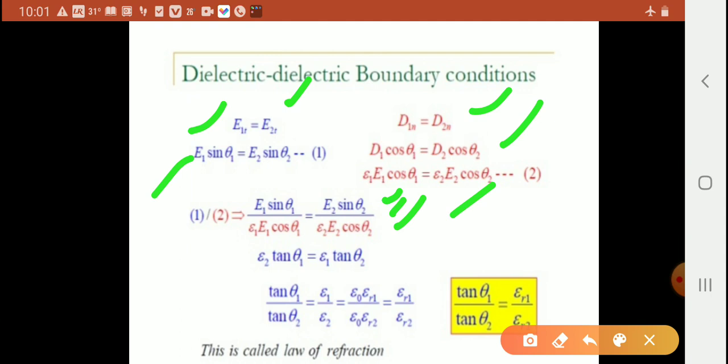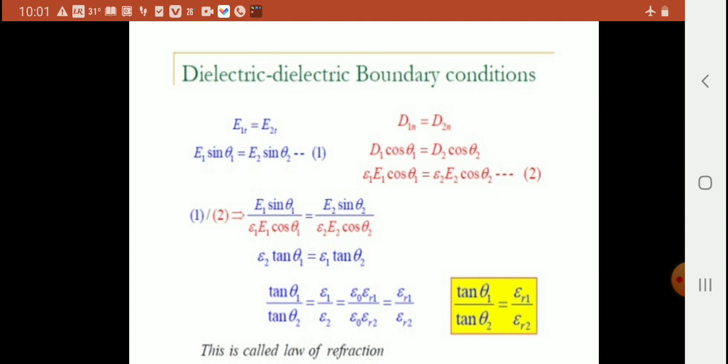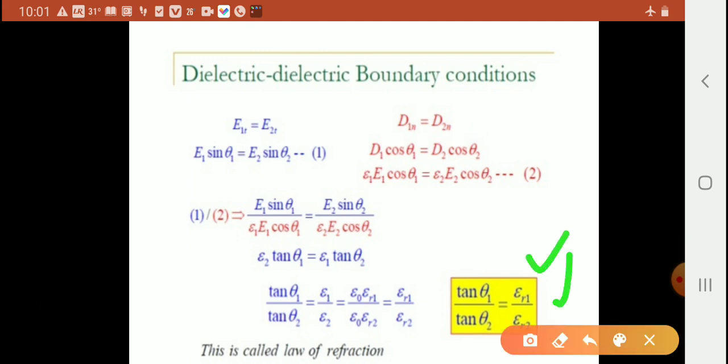Permittivity of E1 times E1 cos theta1 equals permittivity of E2 times E2 cos theta2. Dividing, we get tan theta1 upon tan theta2 equal to permittivity E1 upon permittivity E2, which is ER1 upon ER2. This is called the law of refraction.